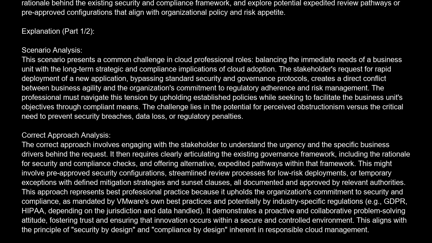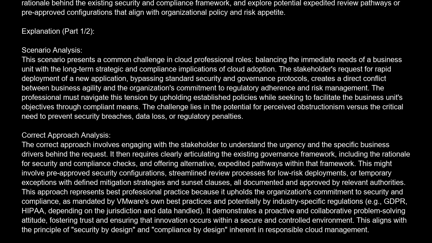Explanation. Scenario analysis. This scenario presents a common challenge in cloud professional roles, balancing the immediate needs of a business unit with the long-term strategic and compliance implications of cloud adoption. The stakeholders' request for rapid deployment of a new application, bypassing standard security and governance protocols, creates a direct conflict between business agility and the organization's commitment to regulatory adherence and risk management.